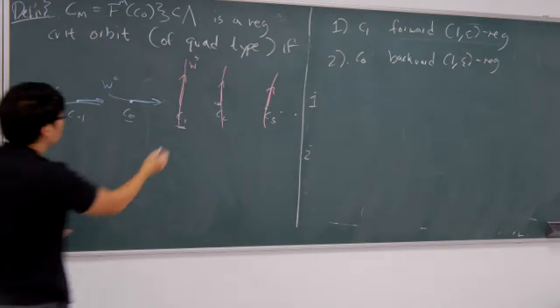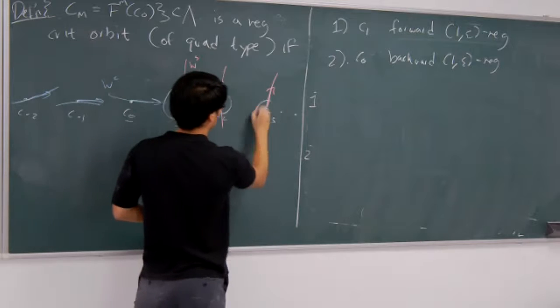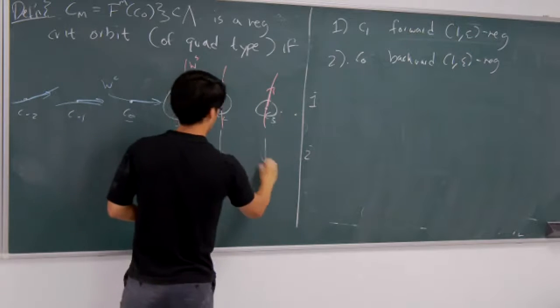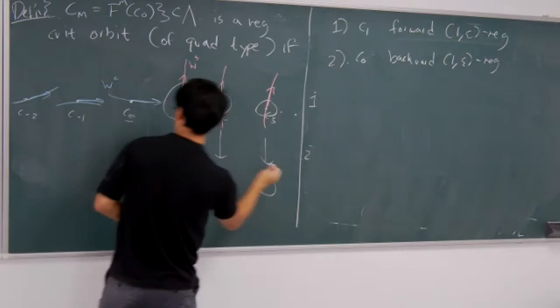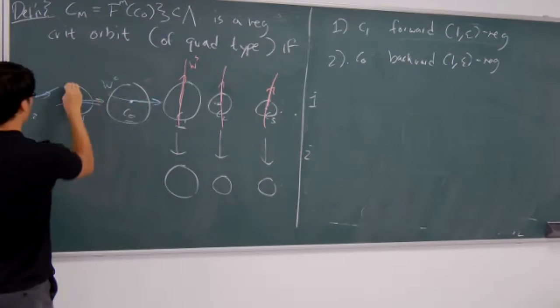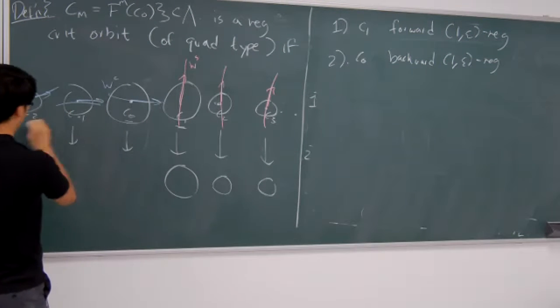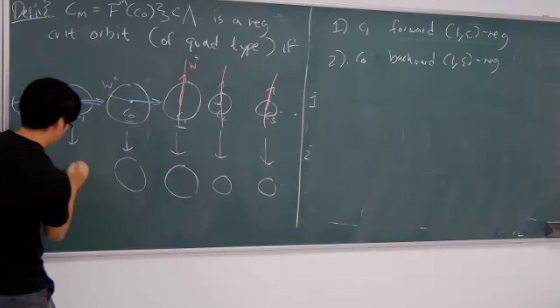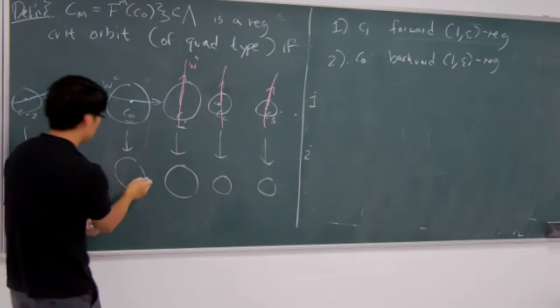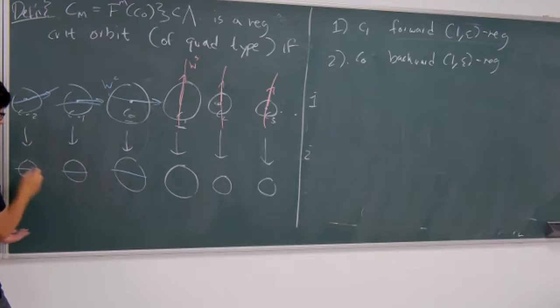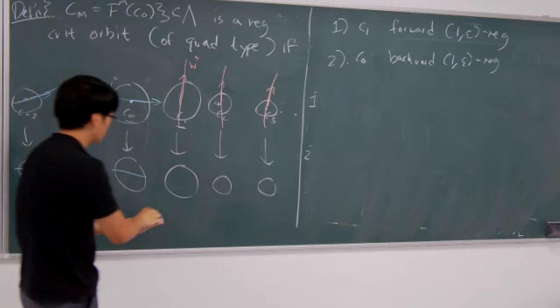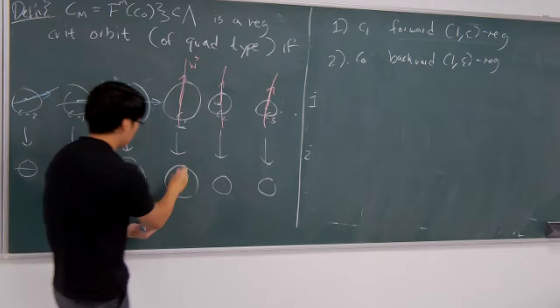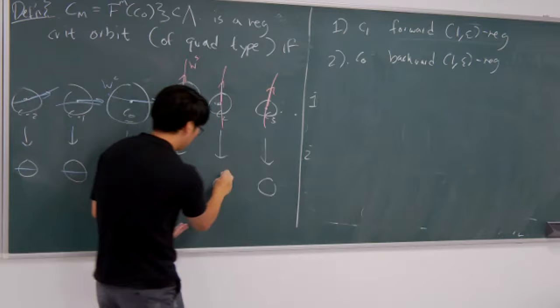And of course, if it's forward regular, then you have these epsilon charts involved, which can be linearized, and same with backward, which puts the center manifold horizontally, and it puts the stable manifold vertically.